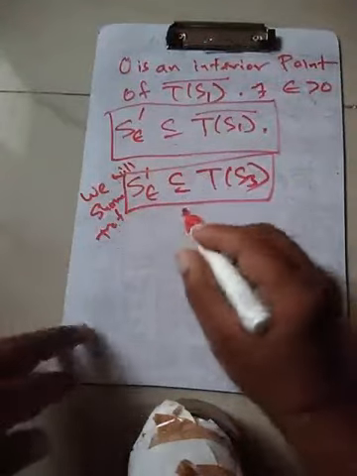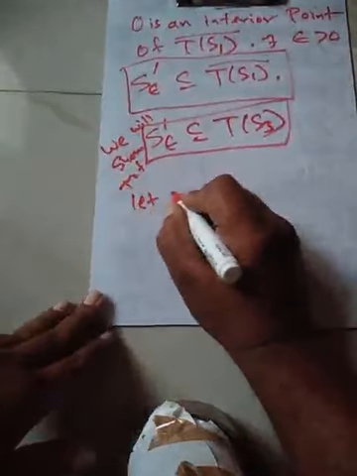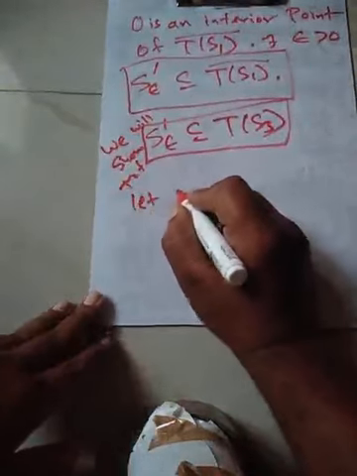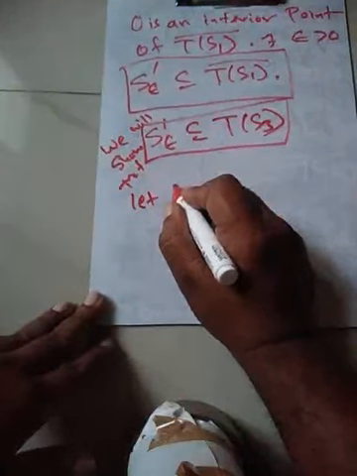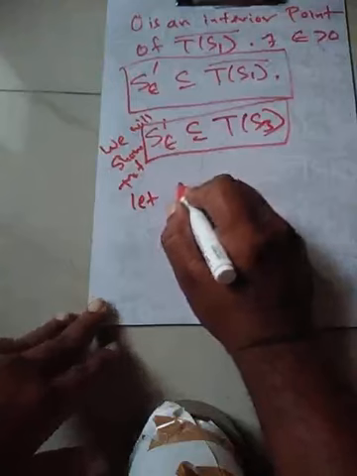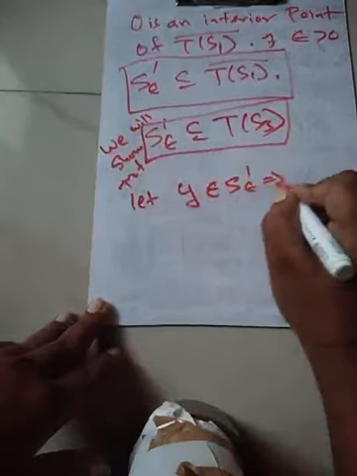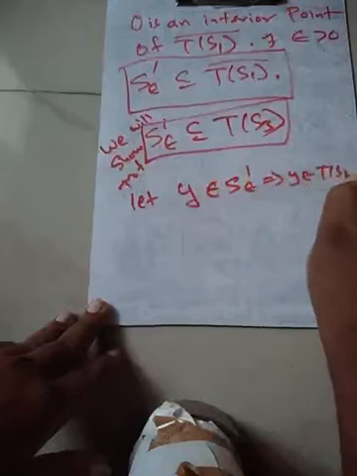So take a point. Let y belong to S'_epsilon. This implies that y belongs to the closure of T(S_1).